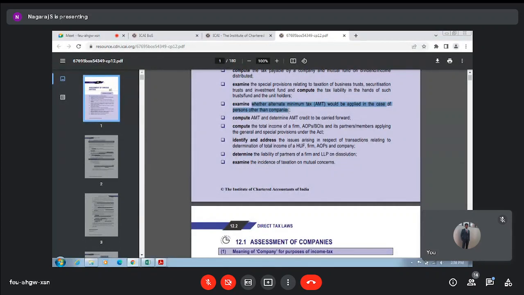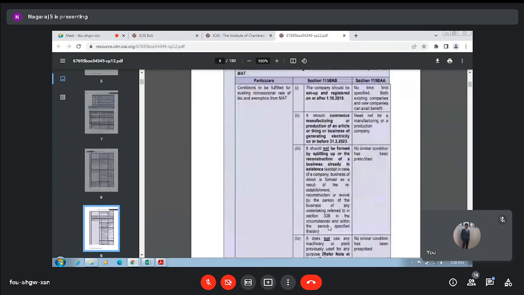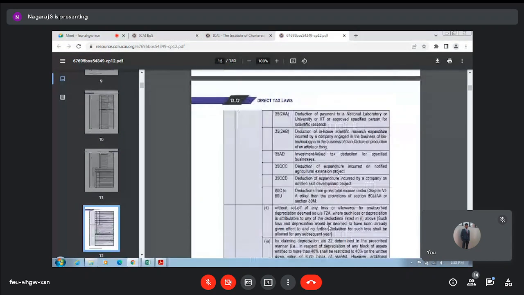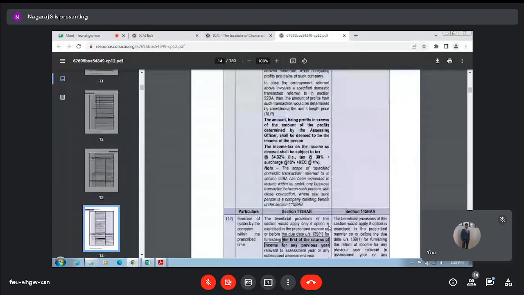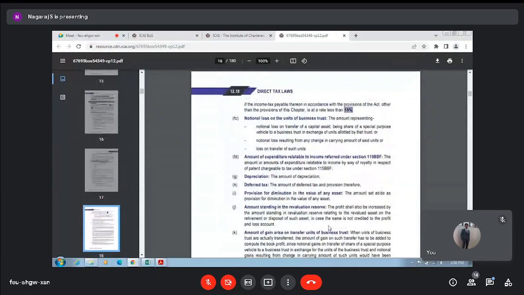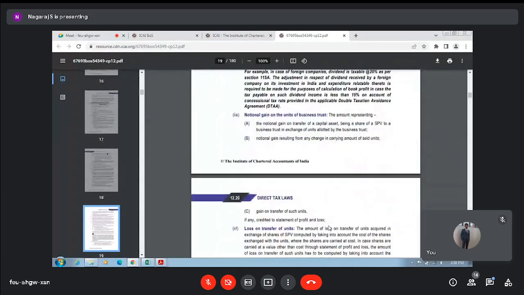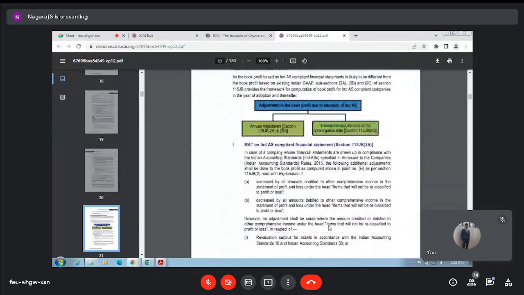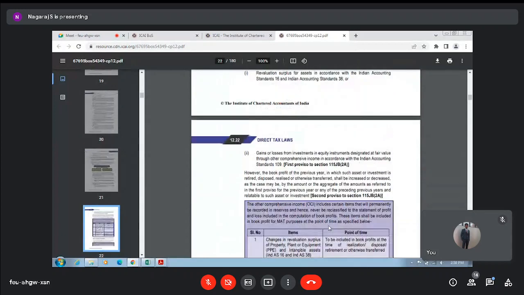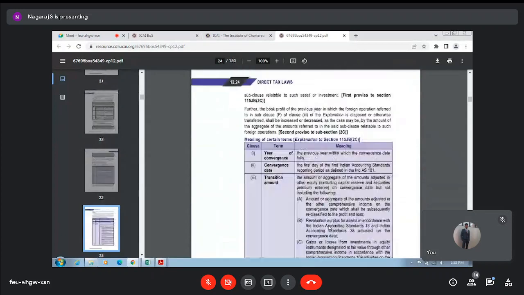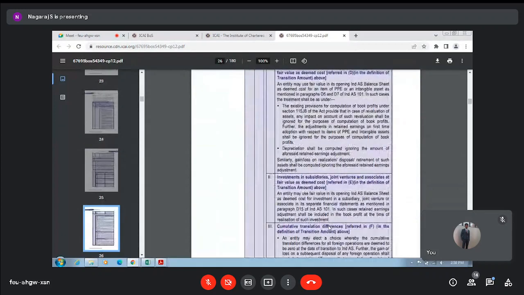Minimum alternate, it is there, but why I'm not finding? Give me 2 minutes because that amount I need to confirm. If something goes wrong, no, then you will be in trouble. That's why I'm just double checking.